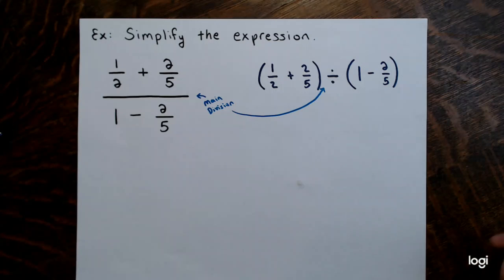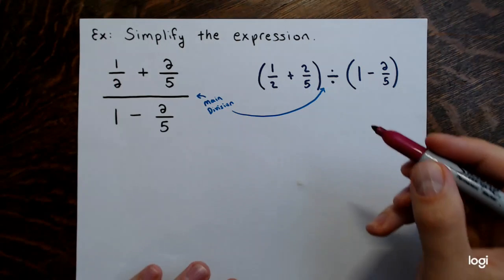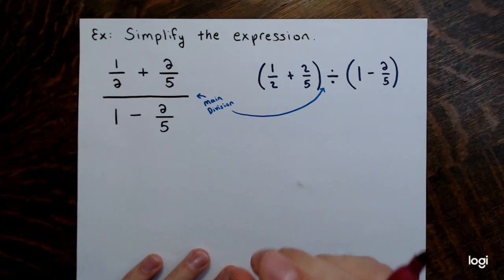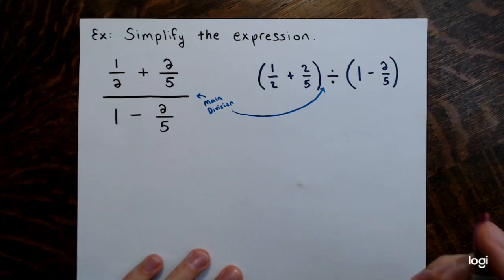Alright, so this particular method, I'm going to make two videos on this. This first one is on the method where I simplify the numerator and denominator separately, and then just remember that division is just multiplication by the reciprocal.